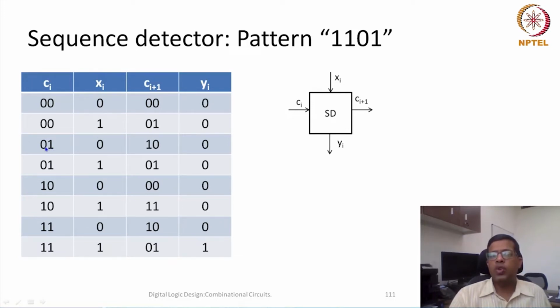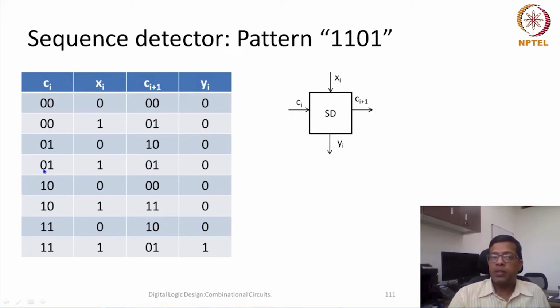Now in case of 0 1 input, that means one bit has already matched. Now the current input is 0. If the current input is 0, then these 2 bits, 0 1, have already matched, so the output will become 1 0, and the output y still remains 0.